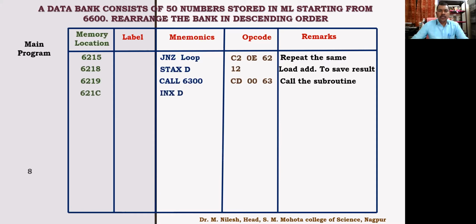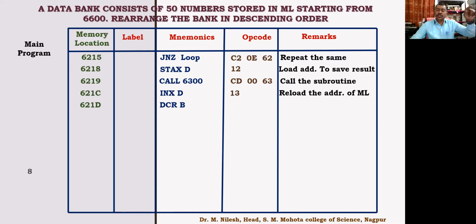So we are using that 621C, INX D. Now we have to increment the register pair D to save the second smallest number over there. So increment D, we'll keep it ready to store the next smallest number. Then 6212. Now decrement register B, which is the first counter we are having. So first step is over.